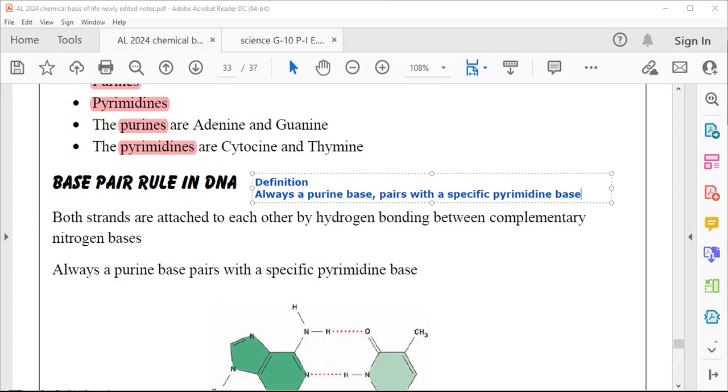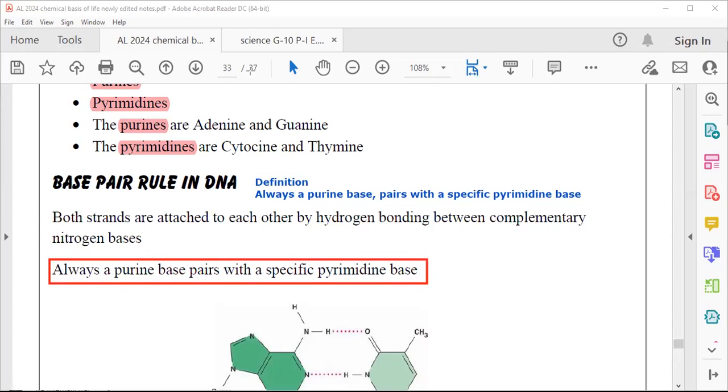Mark it down, write it down. It's already written here, you can just take it up. But this should be taken as the definition.